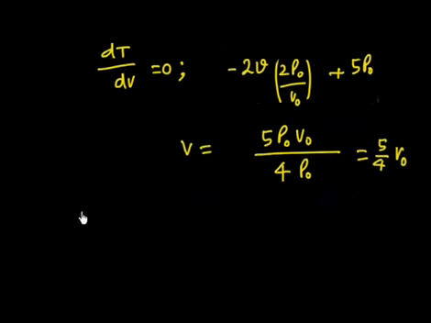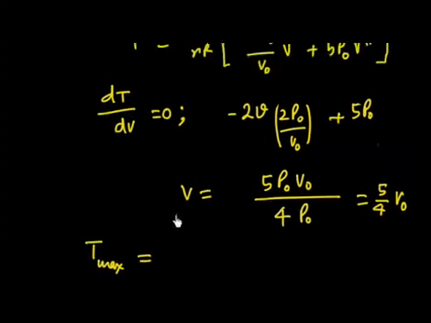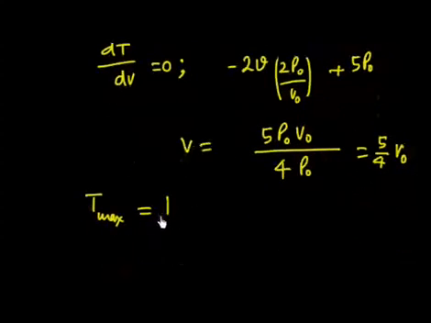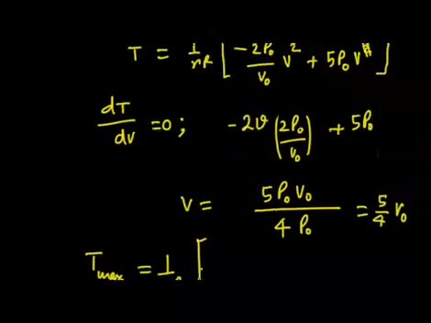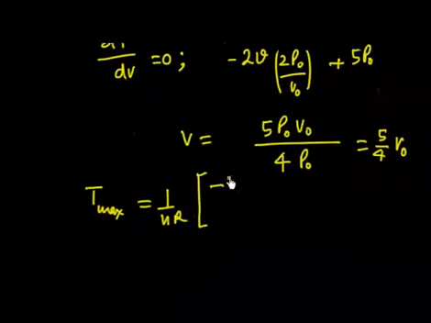Now if you plug this value, you will get the maximum temperature. So you have T maximum, and that is basically 1 by NR, and this multiplied by minus 2P naught by V naught square.